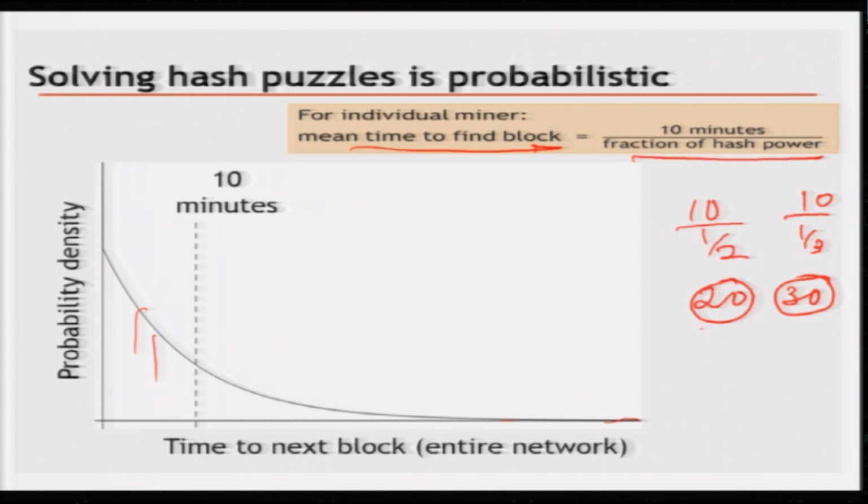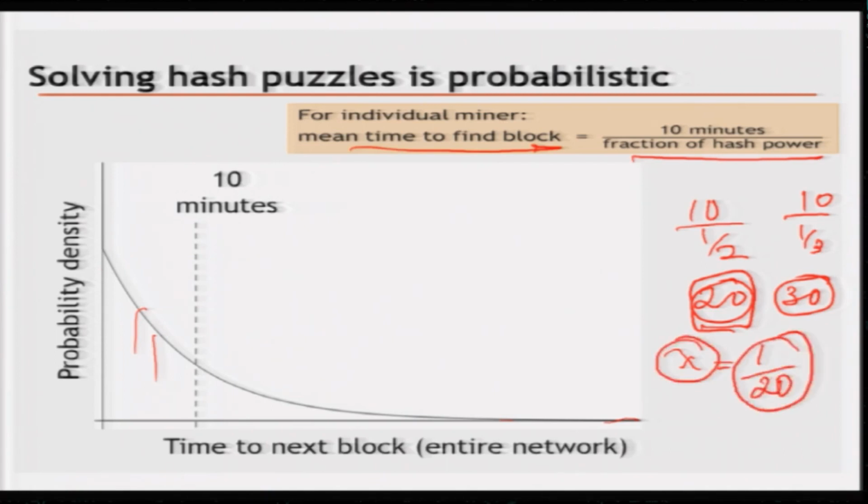If the mean of your exponential distribution is 20, then your probability of solving one within a fixed interval is different than if it is 30, because the lambda of the Poisson distribution is the reciprocal of the mean of the corresponding exponential distribution.